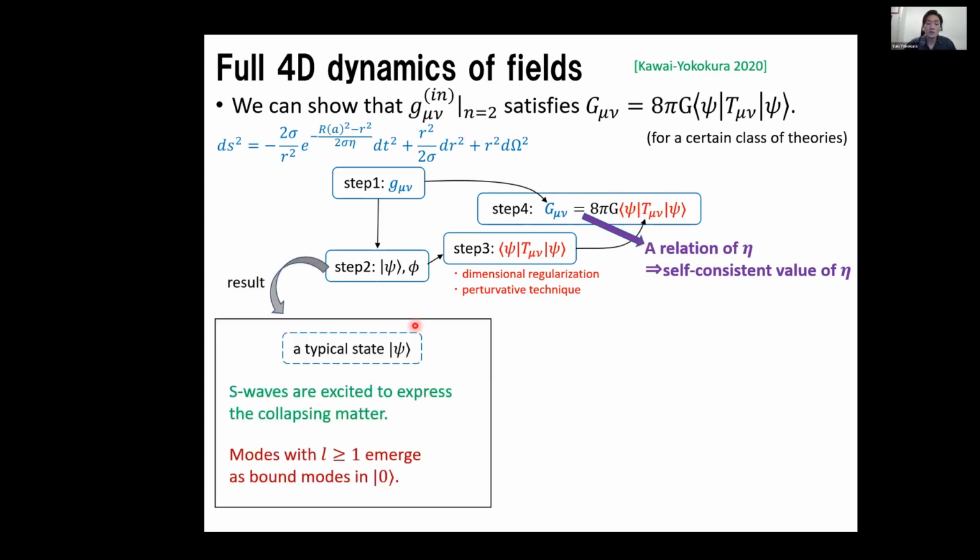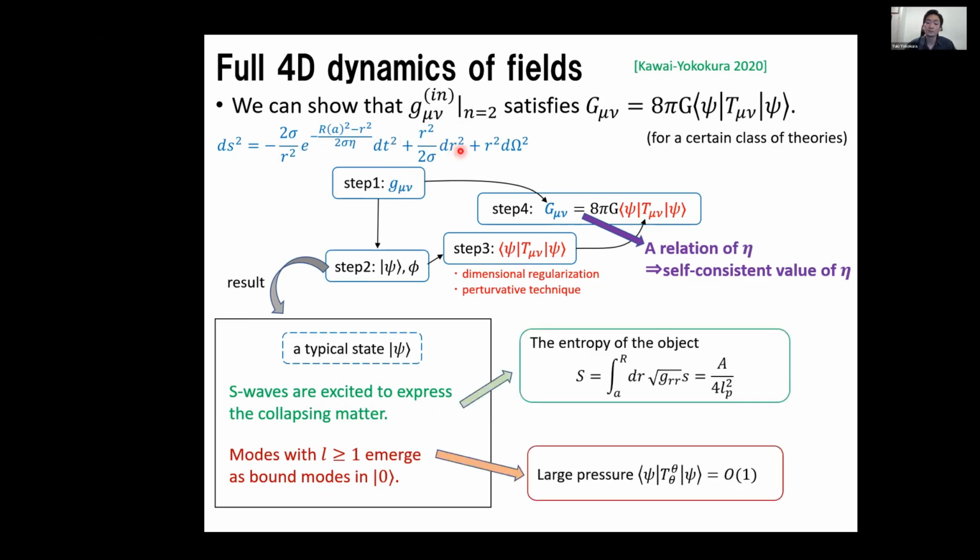In this procedure, we find our typical state of this object is a state in which S waves are excited to express the collapsing matter. And modes with finite angular momentum emerge inside as bound modes in the ground state for this geometry.